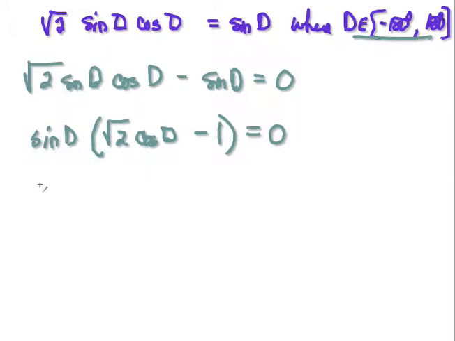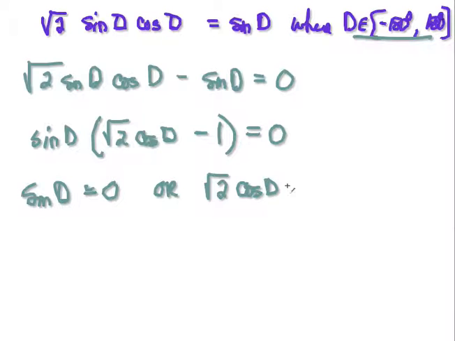And now I have two possibilities here, okay? I have the sine of d is equal to 0, or radical 2 cosine of d minus 1 is equal to 0. All right, so d is going to equal the inverse sine of 0.